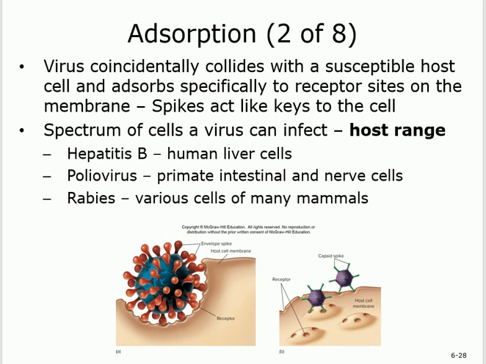Yes, you are my target. I will invade you. So what determines the host range? The cellular membrane. Not the viral envelope. The viral envelope, if it has a spike or something, yes, just the key. But which cells to invade? Which host? The cell membrane. It depends on the cell membrane.